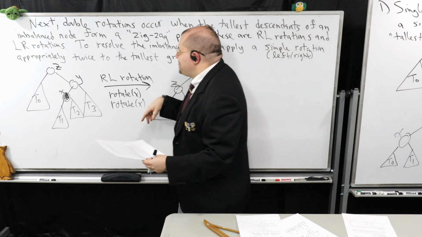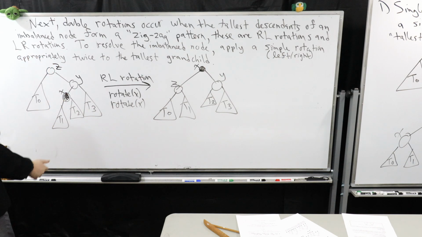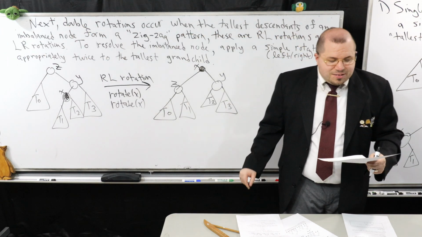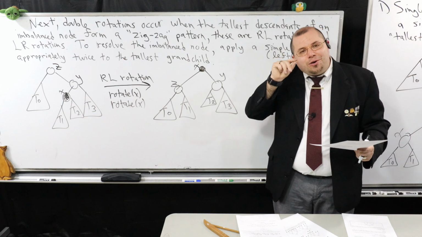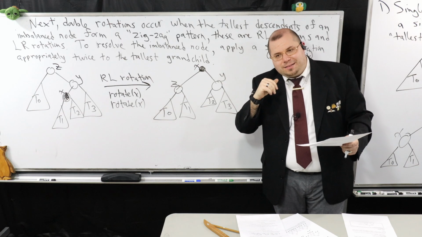As you see, I always seem to have these three nodes, these tri-nodes, that determine which rotation I'm going to use. Why did I choose X there? It's because this is the specific node I have to rotate to fix the potential imbalance.